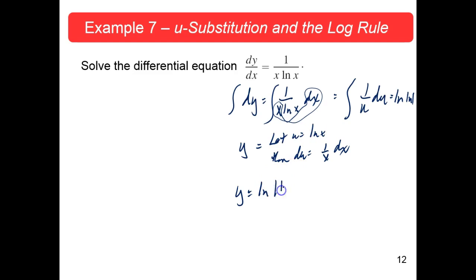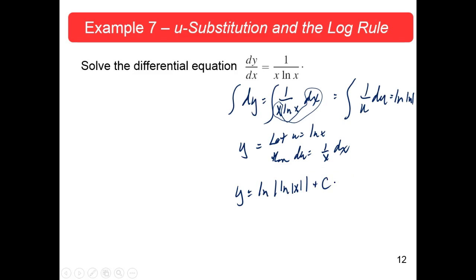Log of x. Now I'm going to put it in absolute value bars. I'm going to put the whole thing in absolute value bars, and I'm even going to have to put the x in absolute value bars as well, and then do a plus c.